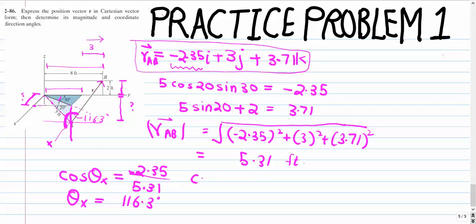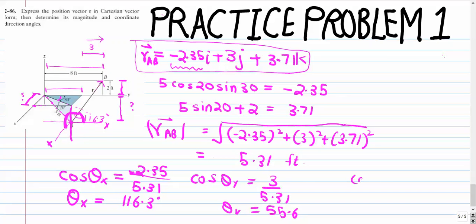Okay, so moving on to the angle for the y-axis, that is equal to the component along the y-axis, which is 3 feet divided by the total magnitude, which is 5.31. Solving for theta y, we get 55.6. And marking this angle on this diagram, we can see that this angle would start from this vector and end on the y-axis.